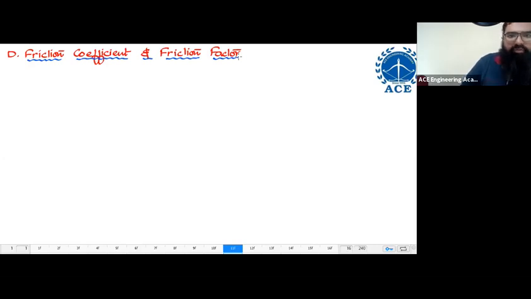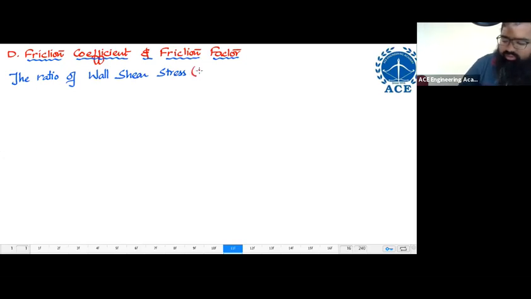Let me write a statement over here. The statement says the ratio of wall shear stress, that is tau naught, and the dynamic pressure, by dynamic pressure we mean rho v square by 2.